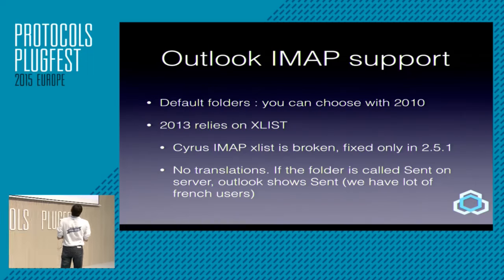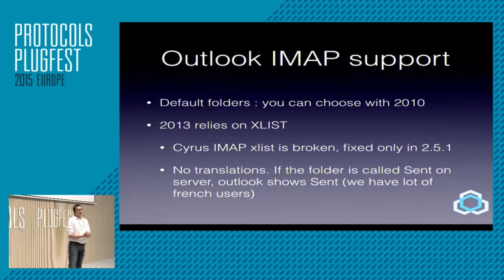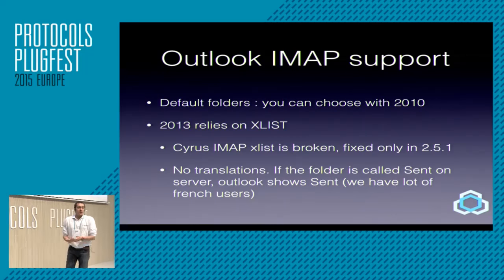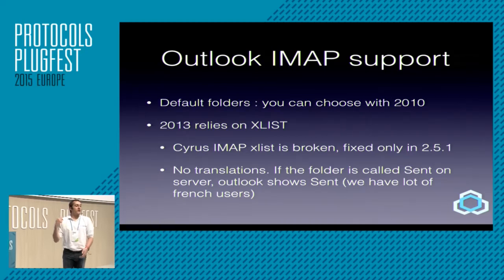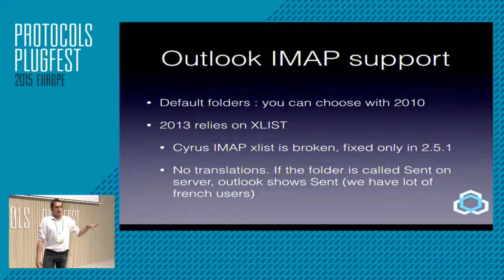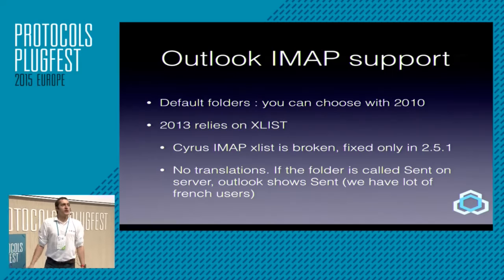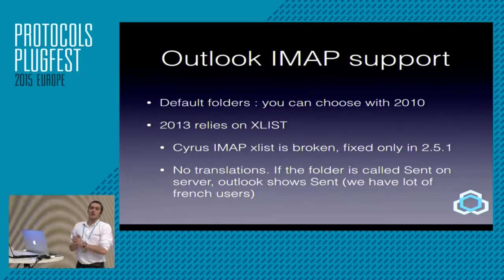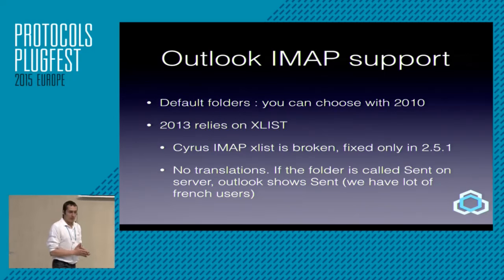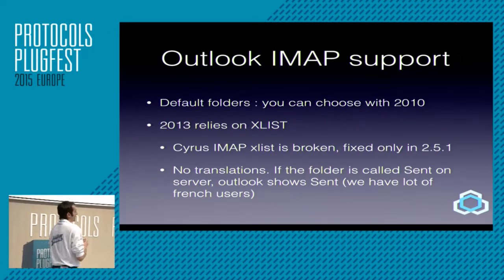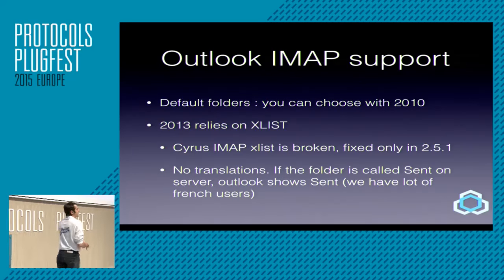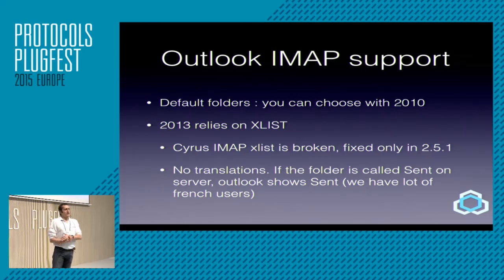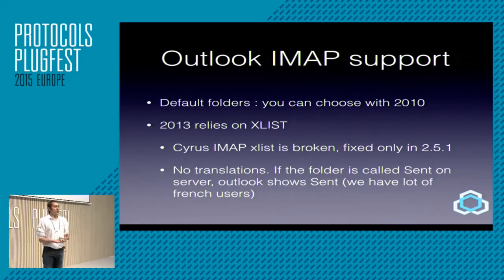With the version 2010, you can choose what your default folders are. My sent folder is there, my draft folder is over there, and you can pick and decide where it is. This support was removed from Outlook 2013. This is really problematic because in the IMAP protocol, there is no notion of what you would call a display name.